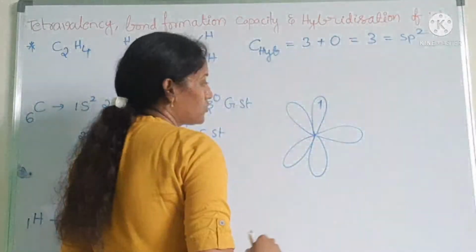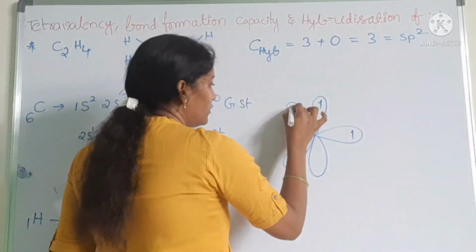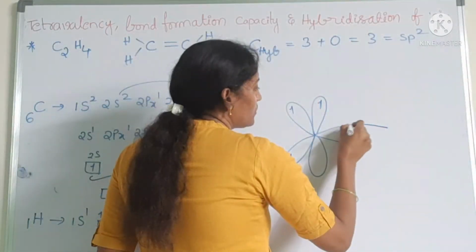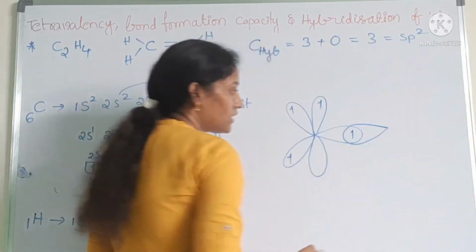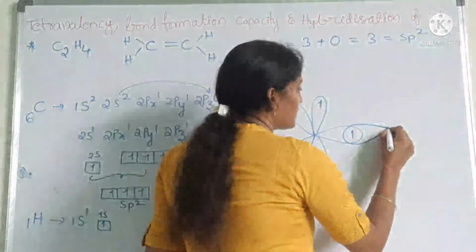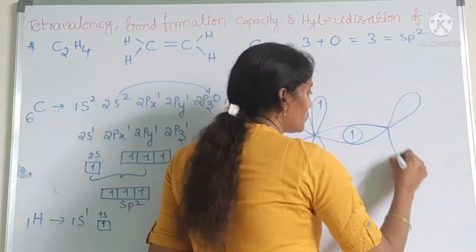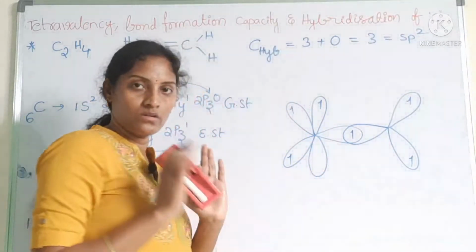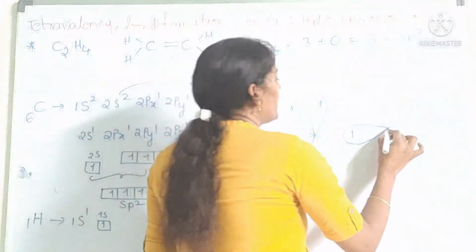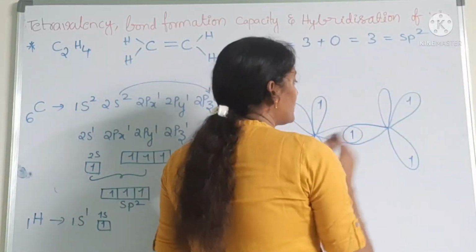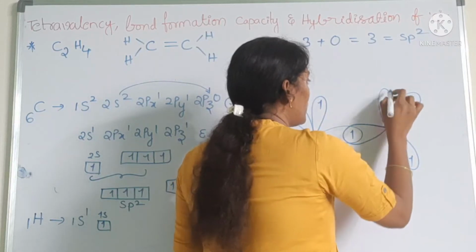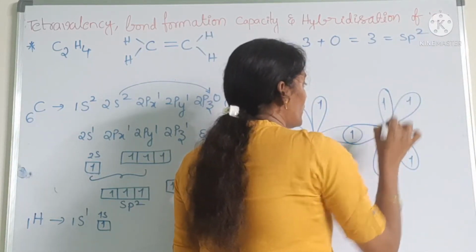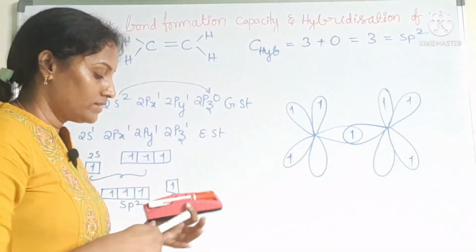See, it has one electron. This one also, this one also, this one also. See, and this one is the hybrid orbital from another carbon. These two are also hybrid orbitals from that same carbon. See, and this is the unhybridized p orbital, possessing one electron.